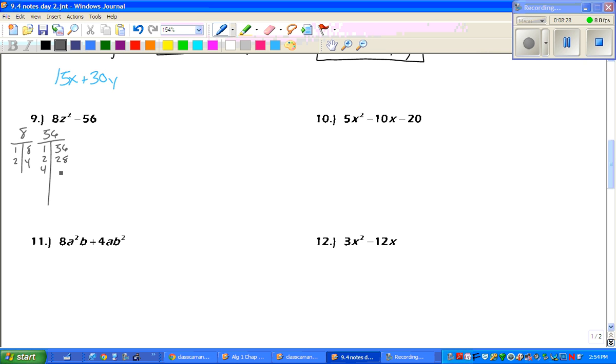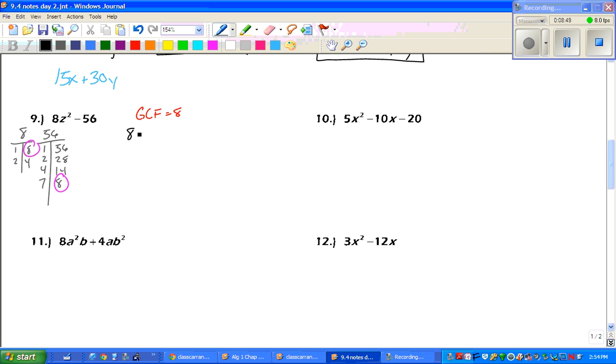Did I say 4? Because 4 goes into it. 4 and 14, and then 5 no, 6 no, and then 7 and 8. So our GCF is 8.